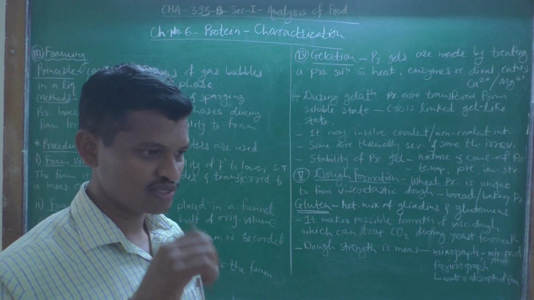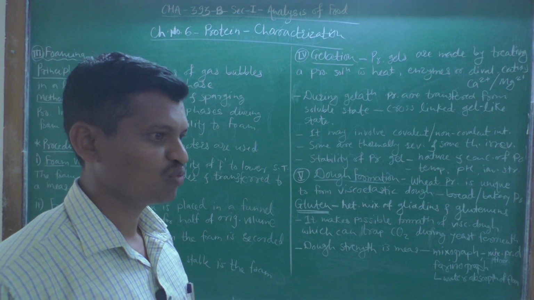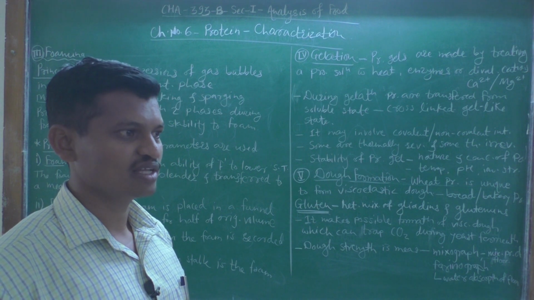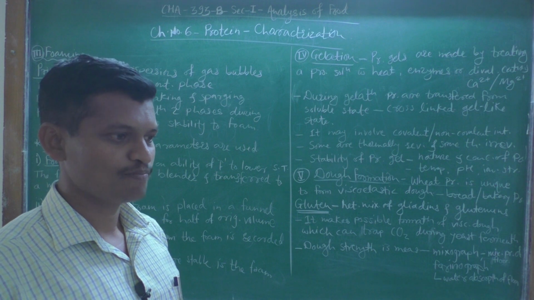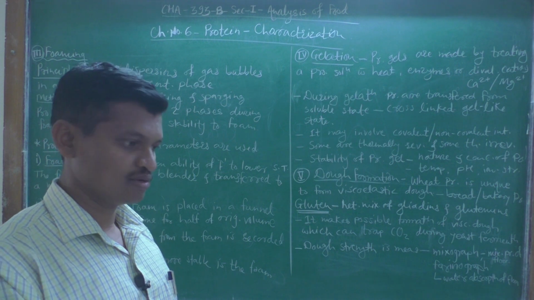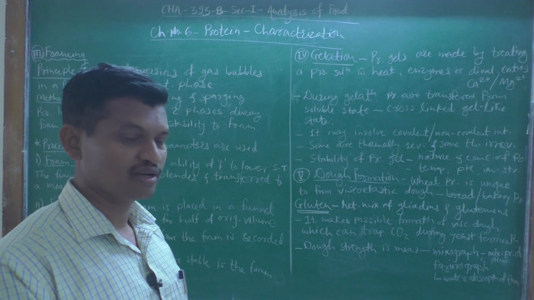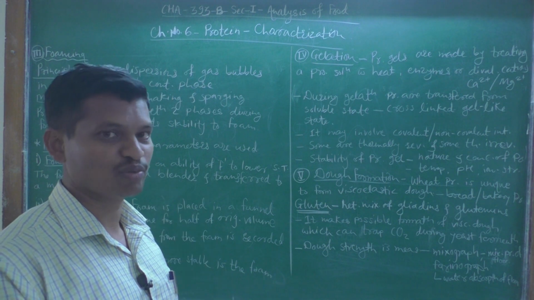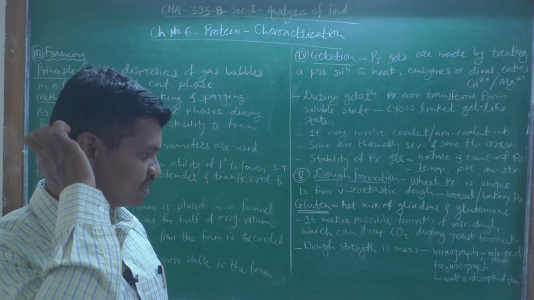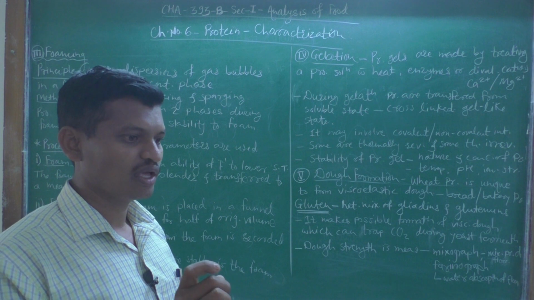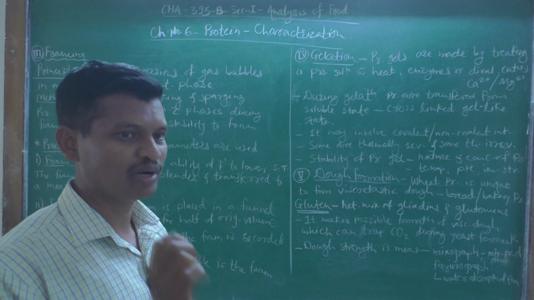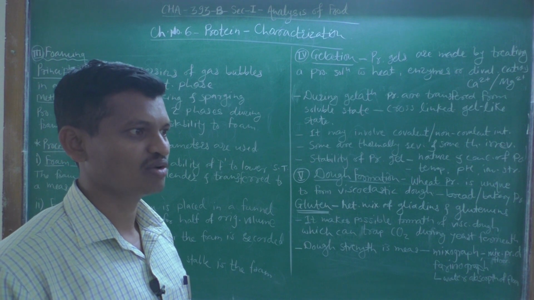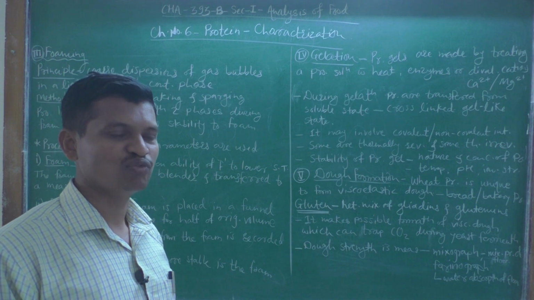Whip is a rope-like material that is used to beat. A stick or a rope is generally used to beat that material, that solution. This process is called the whipping process.